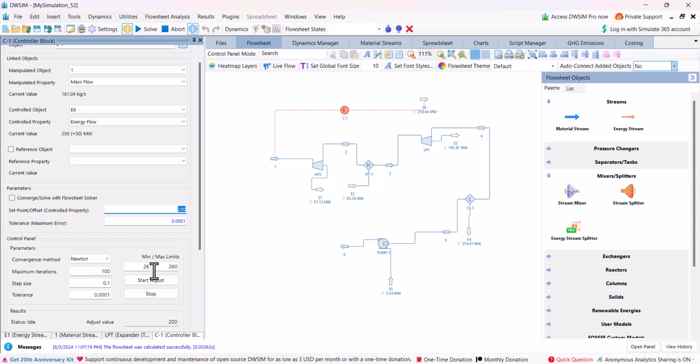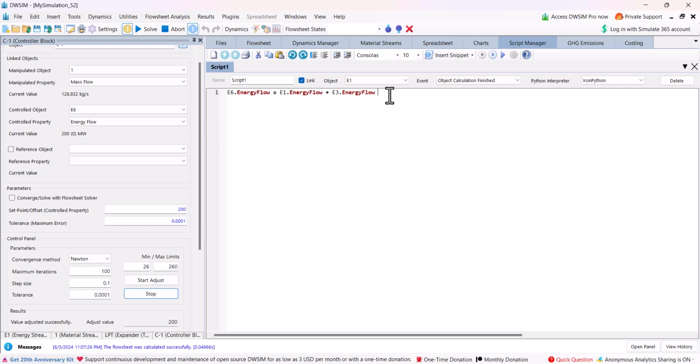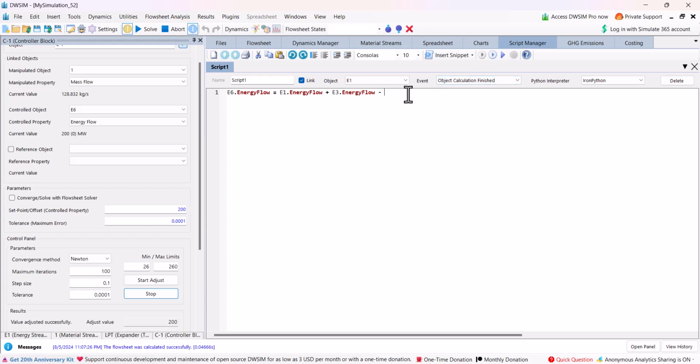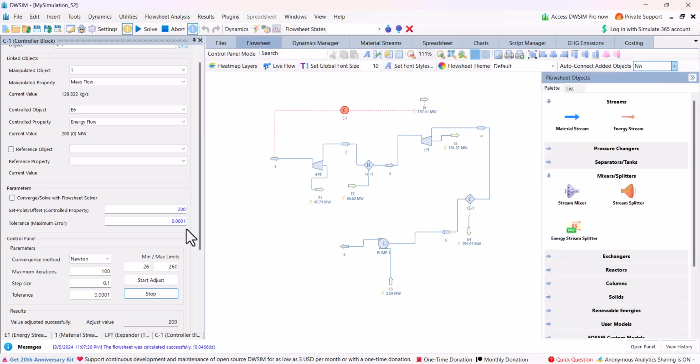We can make certain changes also. For example, pump power is also subtracted from total power, so we can go to script manager again and minus E5 dot energy flow. Run it, go to the flow sheet, and then again start adjusting it.